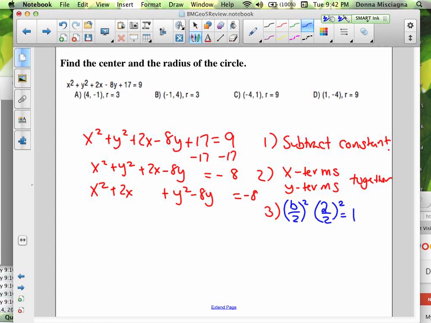We're going to add that to x, so we're going to put in a plus 1 over here. Do the same thing with the b term for y. The b term for y is negative 8. So we have negative 8 divided by 2, squared. That's negative 4 squared, which is 16.